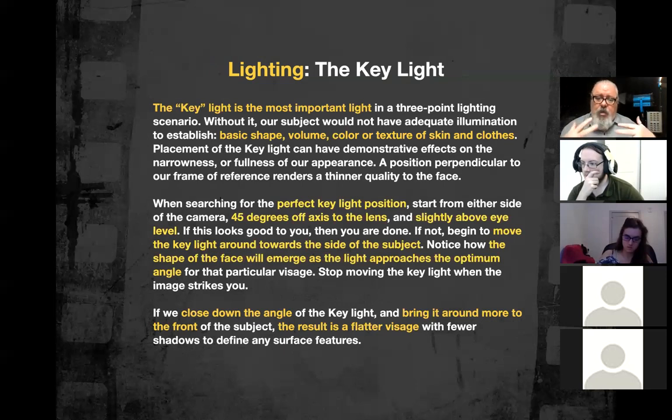So the key light placement is prescribed as, if I'm the lens looking into the camera, 45 degrees off axis to the lens, and then slightly above eye level and shining down on the subject. That gives you the Rembrandt shape.